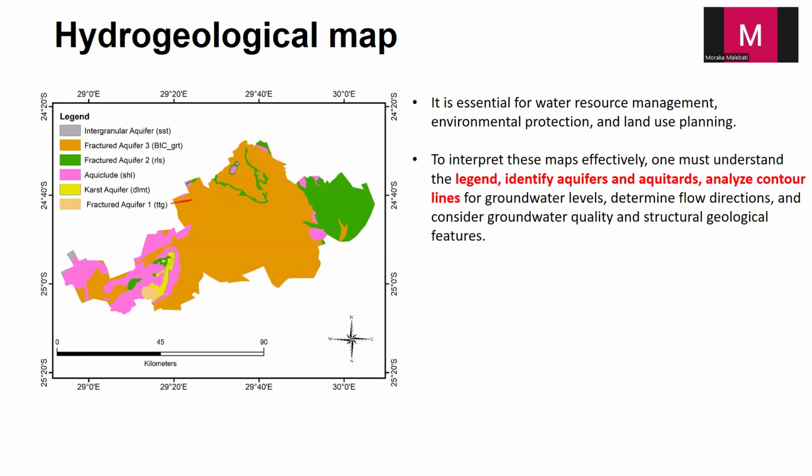The map can also show contour lines and determine flow directions, and many other aspects can be included. Today, for the purpose of this presentation, I'm going to interpret only the type of aquifers. For example, here we've got the fractured aquifer, the aquiclude, the karst aquifer, and many other things.